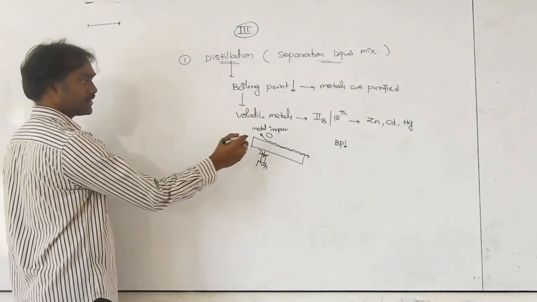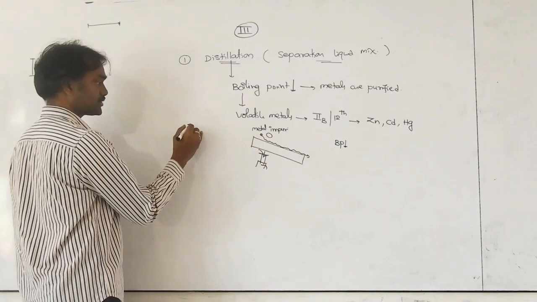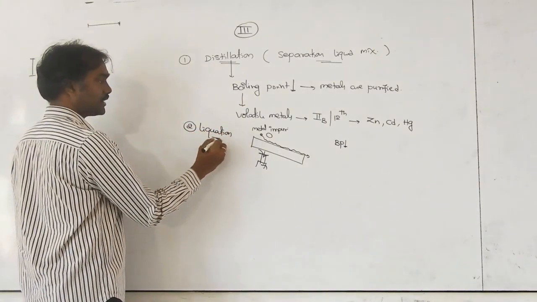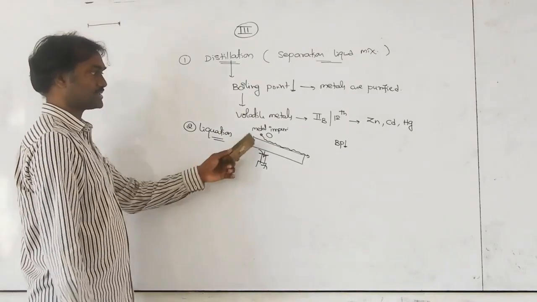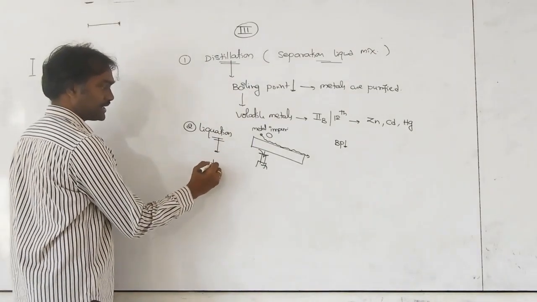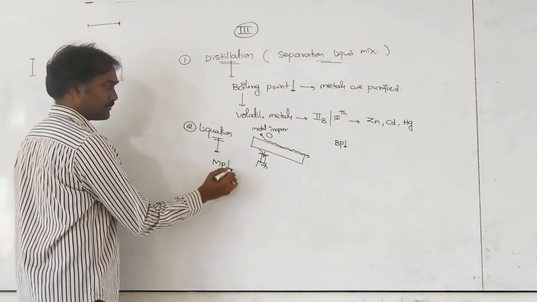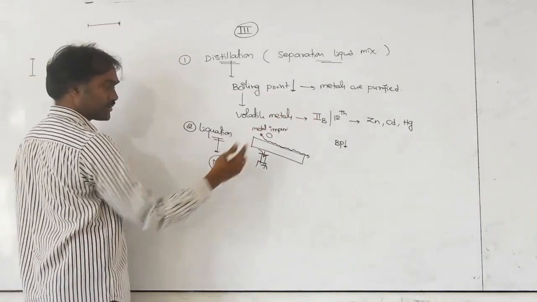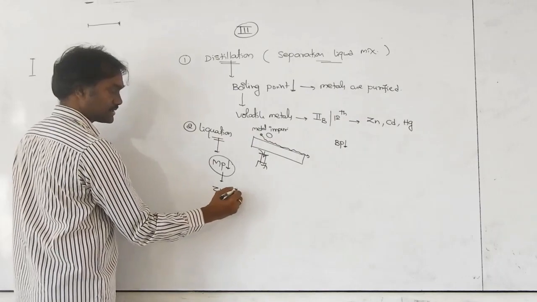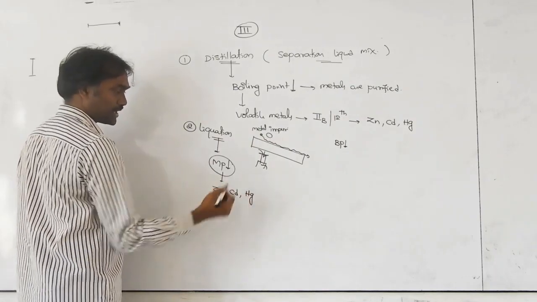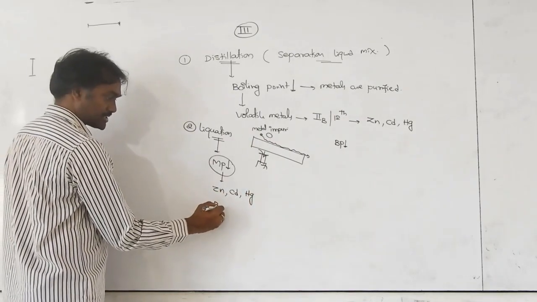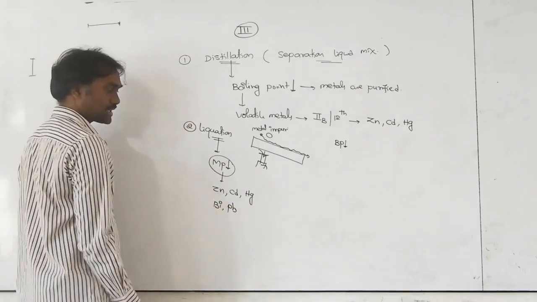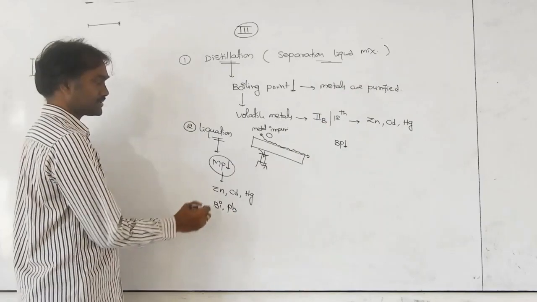These are also useful in the liquefaction process. In liquefaction also you can take a similar process, which depends on the least melting point. So the least melting point elements you can take: zinc, cadmium, mercury, also bismuth and lead.